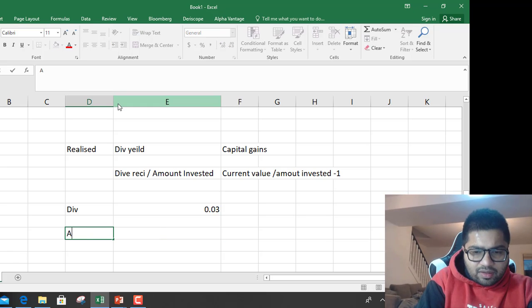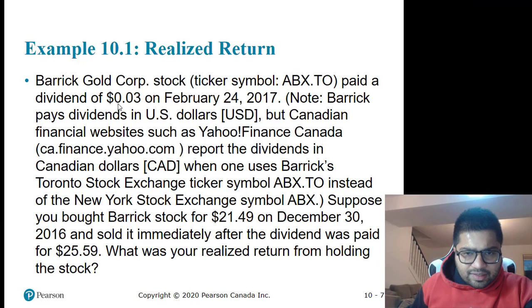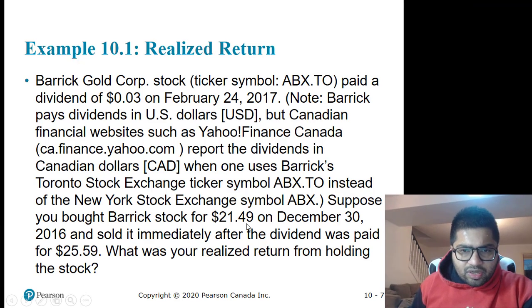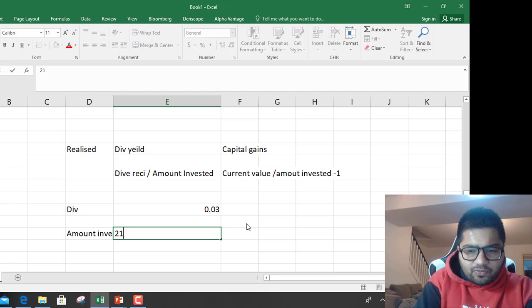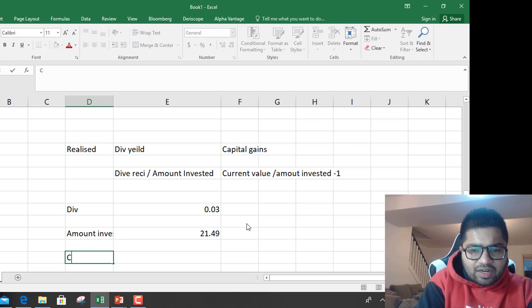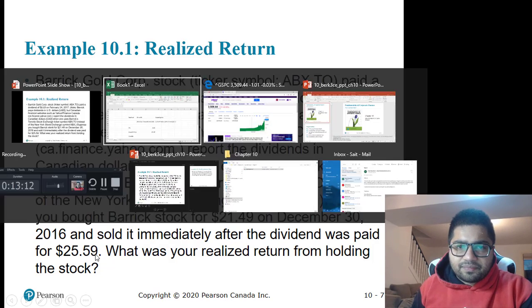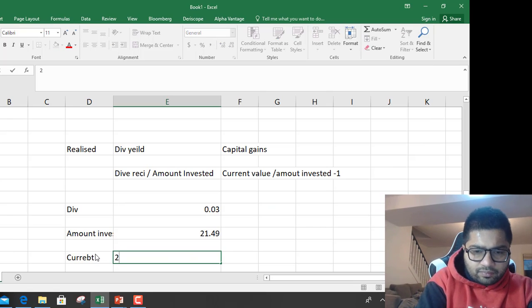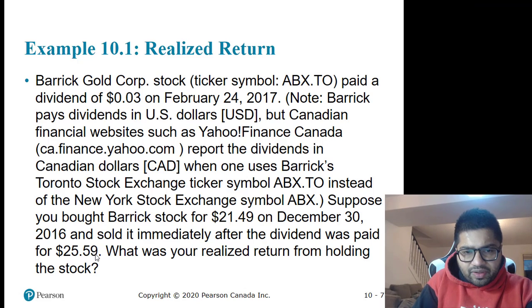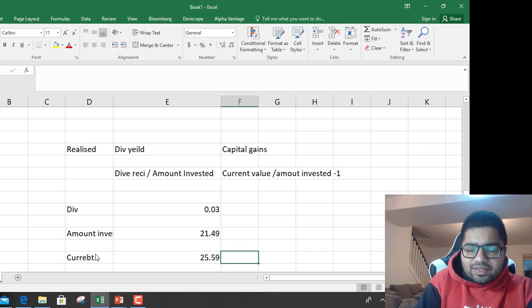The amount you bought it at, the amount invested, is $21.49, and the current value, the value that you sold it at, is 25.59. Okay, 25.59. So what is the realized return?